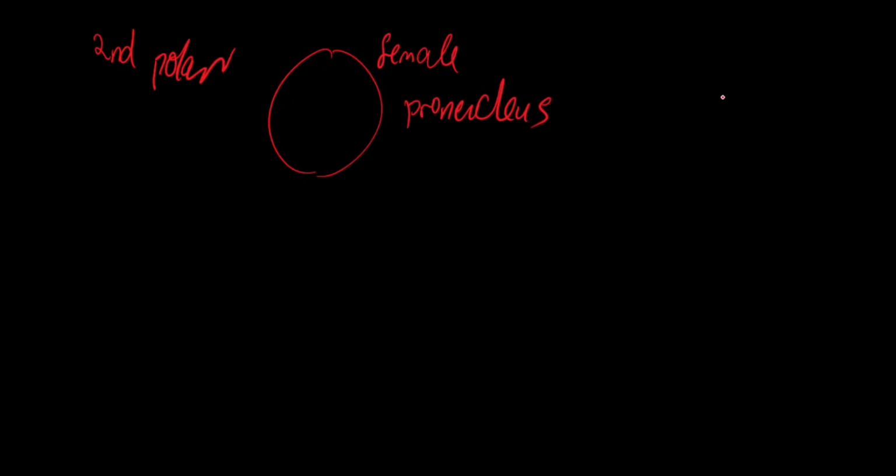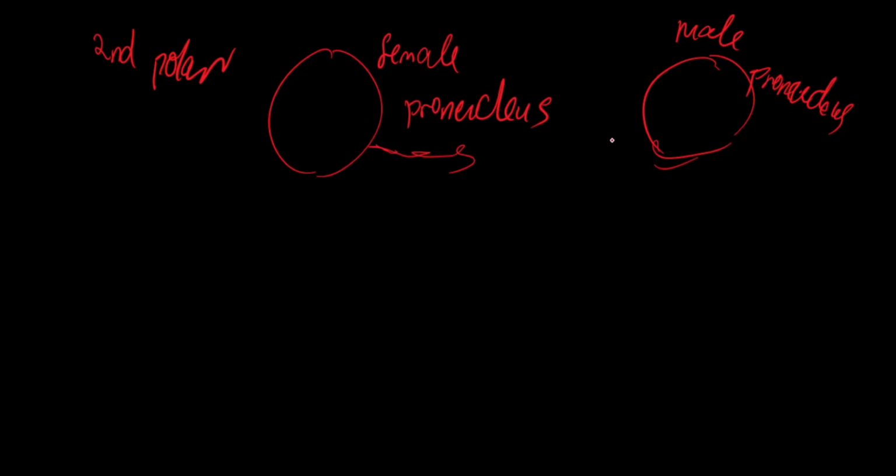And also, once the sperm cytoplasmic content gets into the ovum, we also have the formation of the male pronucleus. And so these two pronuclei move closer together. When they come in contact, there is a fusion of the membrane and an intermingling of the paternal chromosome and the maternal chromosome.